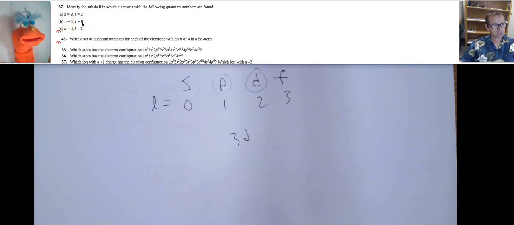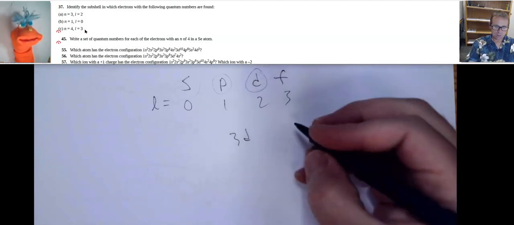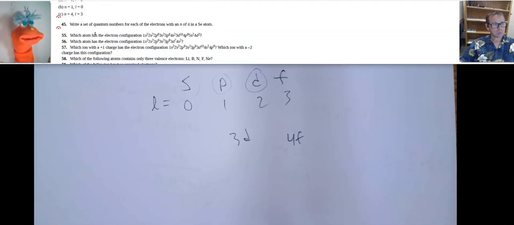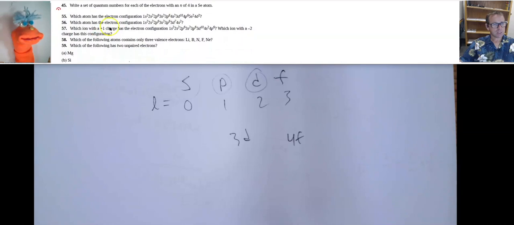Is that a 1S? That's right, that would be a 1S subshell. N equals 4, L equals 3, so that's F, right? That's right, so it's a 4F. Okay, good.